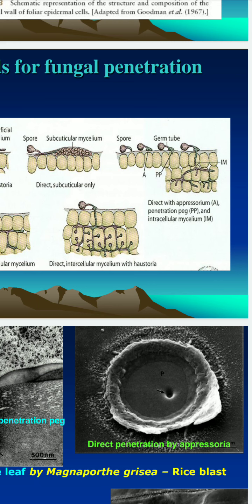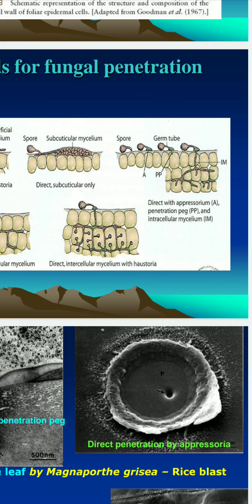There are many examples, like Albugo, where we can see haustoria formation, and the mycelium remains in the intercellular spaces. It does not go into the host cells.